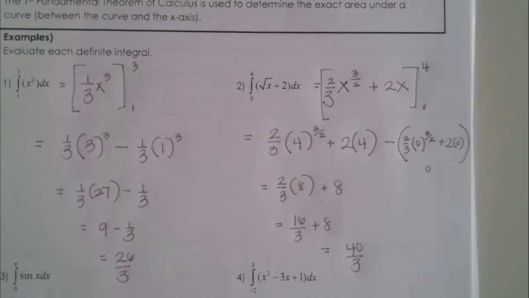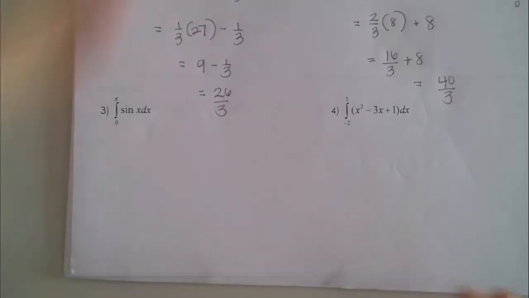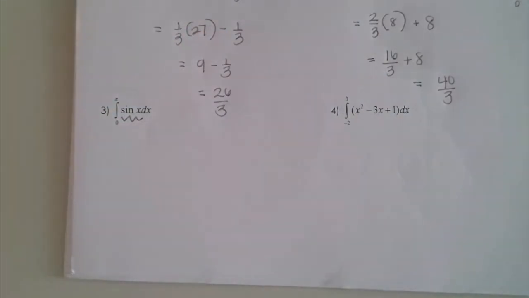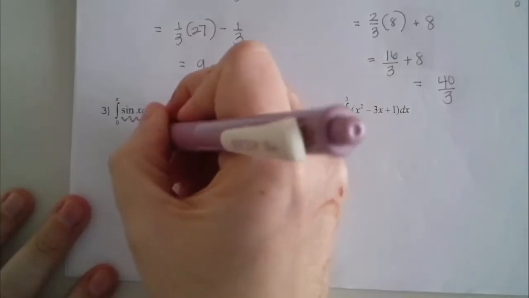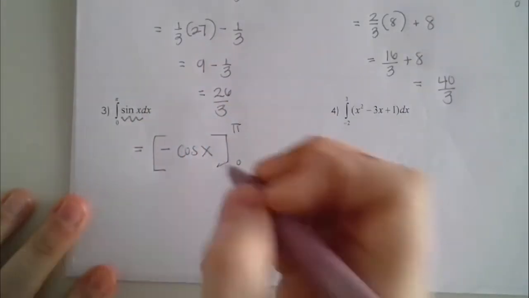Next up, we have the integral from 0 to pi for sine x dx. So take a second and take the antiderivative of sine. Hopefully you remember that that is negative cosine. Our interval is from 0 to pi, so we want to substitute in pi first.